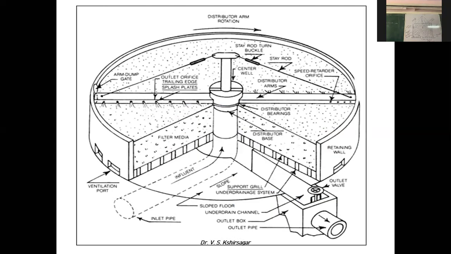I'm trying to explain the working and function with the help of different figures. You can see here a section or 3D diagram in short. I can say to you, this is the influent pipe.